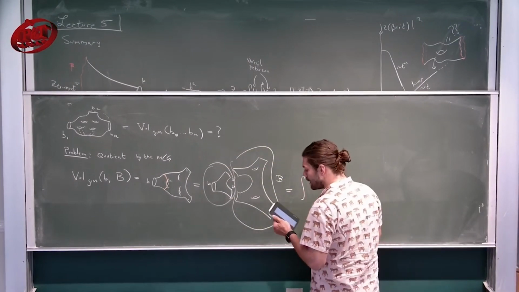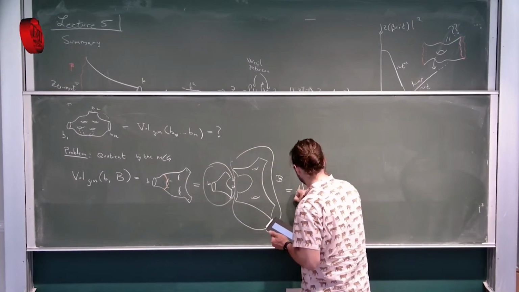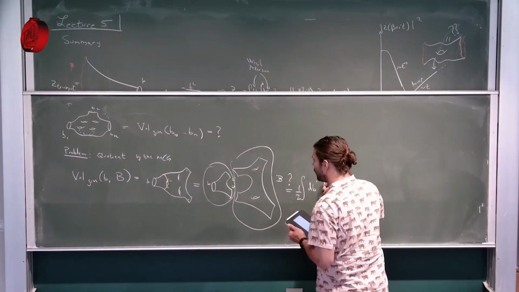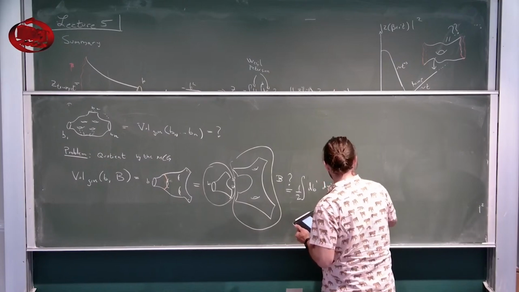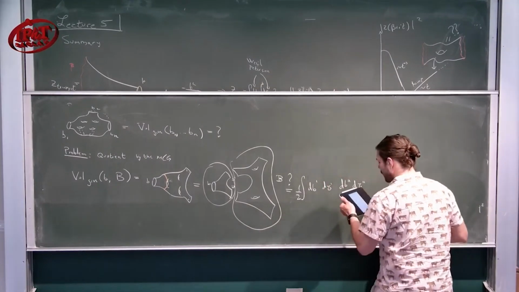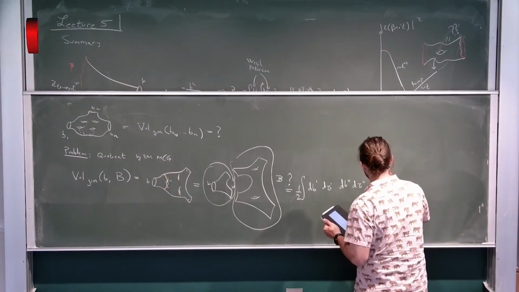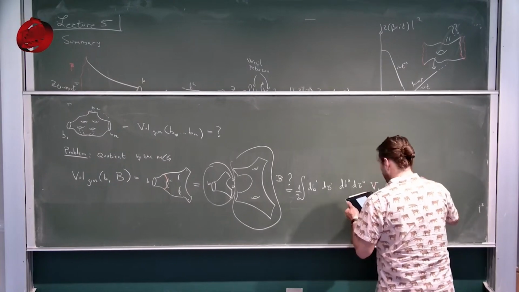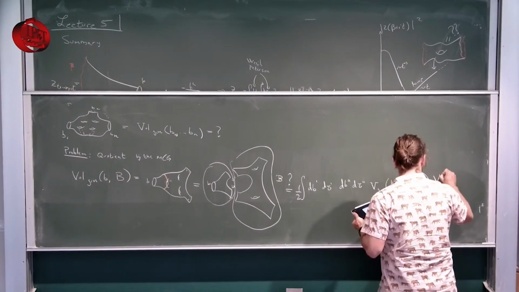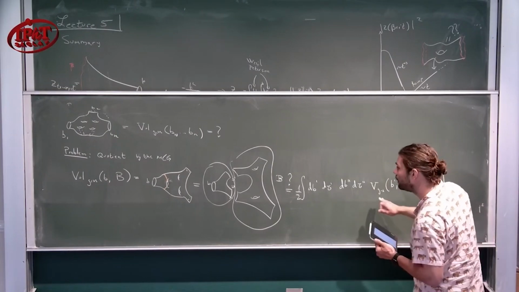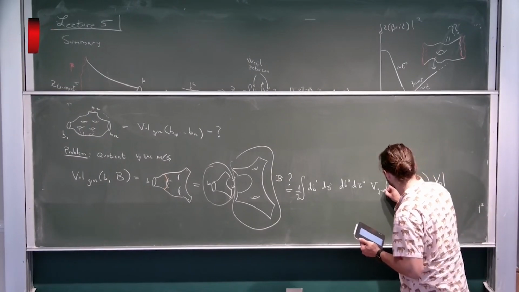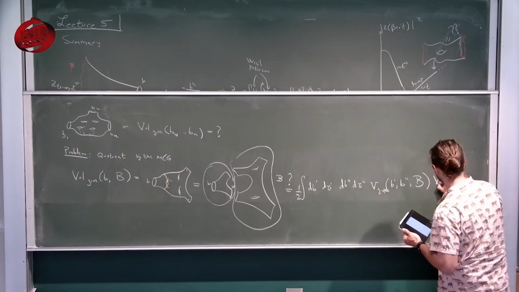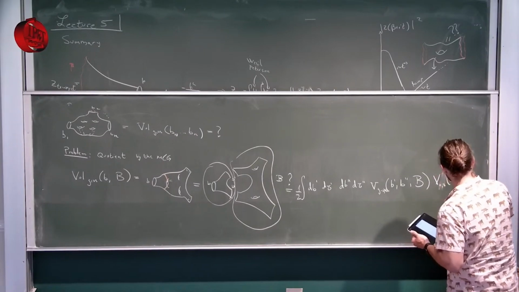So naively, I would write something like the integral of 1/2, and I'll put a question mark because it will turn out to be incorrect, dB' dτ' dB'' dτ'' V_{g-1,n+1}(B', B'', B) minus V_{g-1,n+1}... times V_{0,3}(B, B', B'').